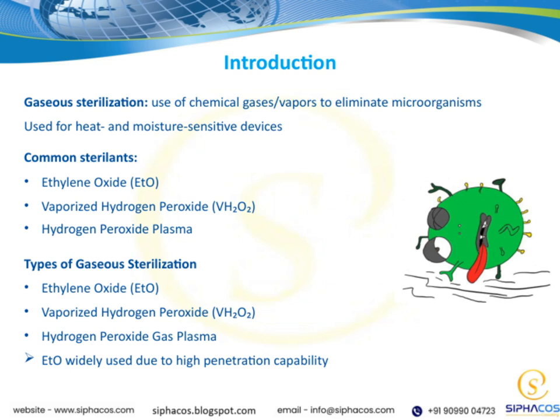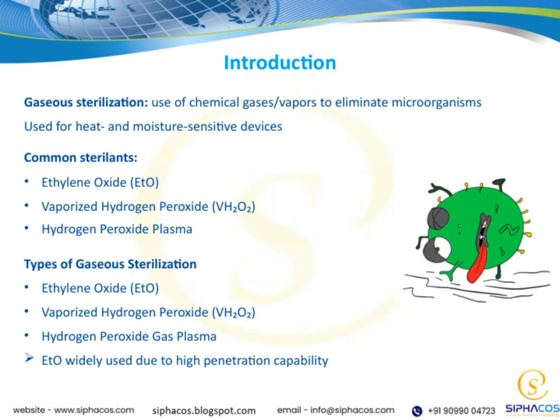When we look at the different types of gaseous sterilization, ethylene oxide is perhaps the most widely used. That's because it has a high penetration capability, meaning it can reach into small or intricate devices to ensure thorough sterilization. Vaporized hydrogen peroxide and hydrogen peroxide gas plasma are also important, offering their own advantages, such as shorter cycle times and lower residues.